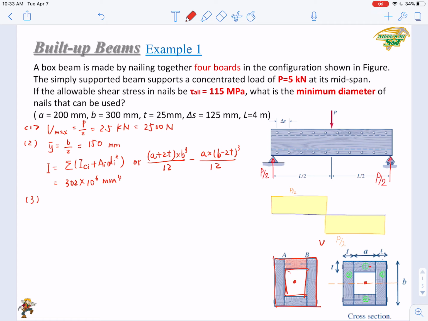Step 3, we will calculate the Q. Right, the Q equals AD, and the area is right here, and the A is just obviously A times T. Right, this is the A times the D value.